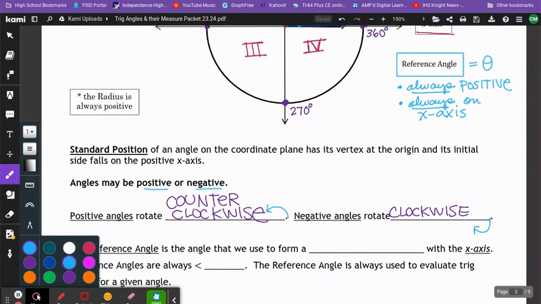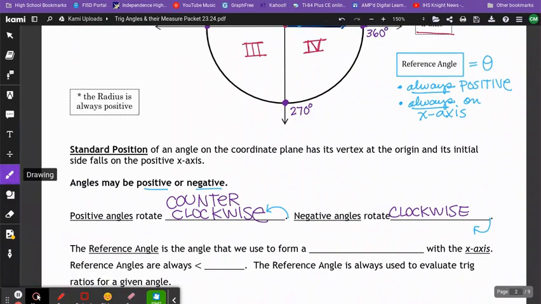Okay? The reference angle is the angle that we use to form a right triangle with the x-axis. Always with the x-axis. Reference angles are always less than 90 degrees.